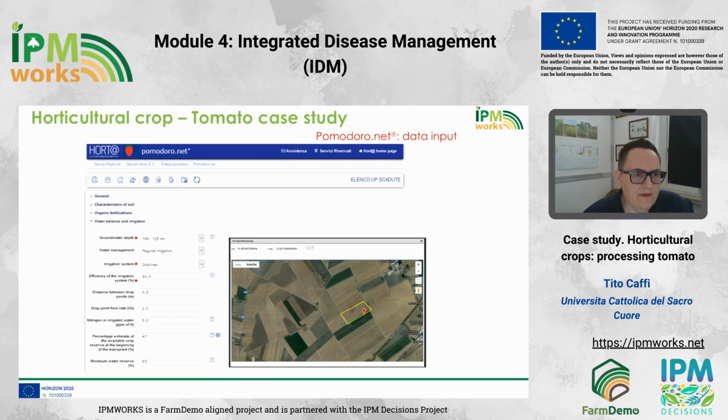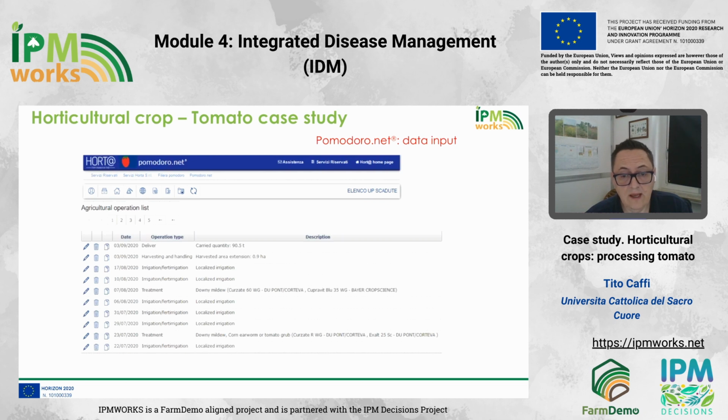So with the four steps of a decision support system, we have to monitor the cropping environment, so the situation in the field. We can define the field we are managing with its own characteristics: type of soil, exposition, irrigation system, how we are managing the crop.